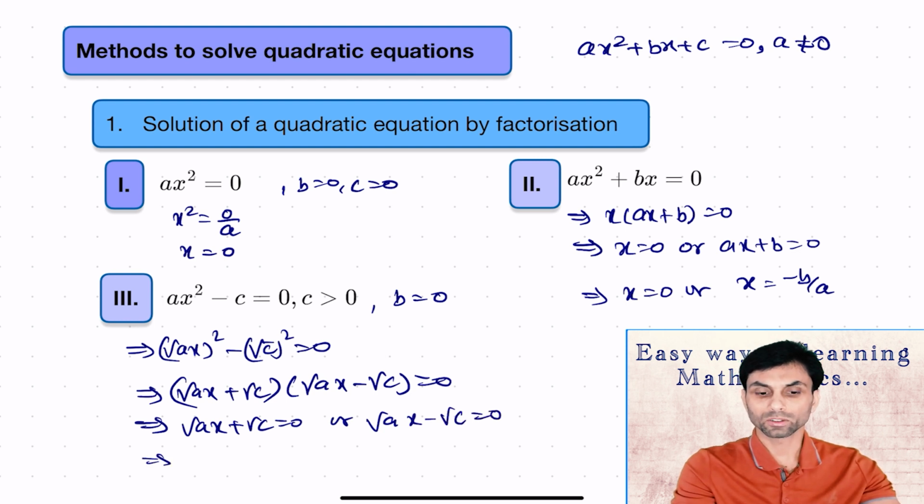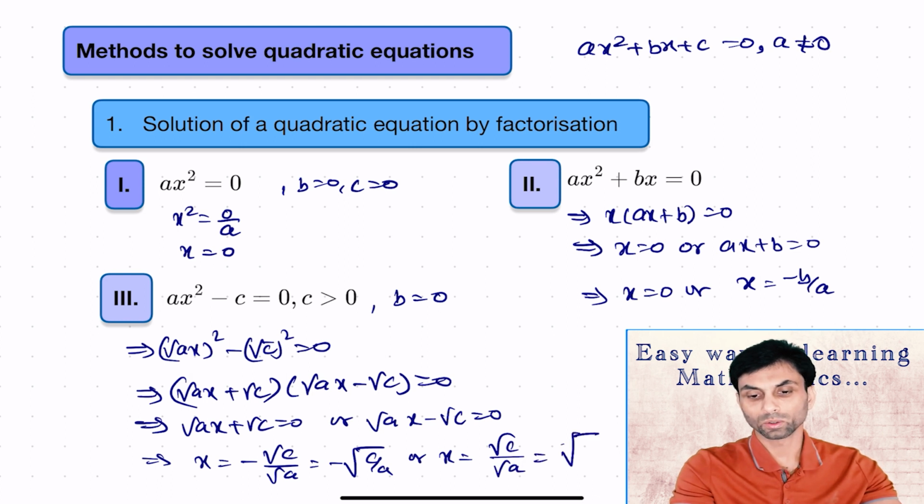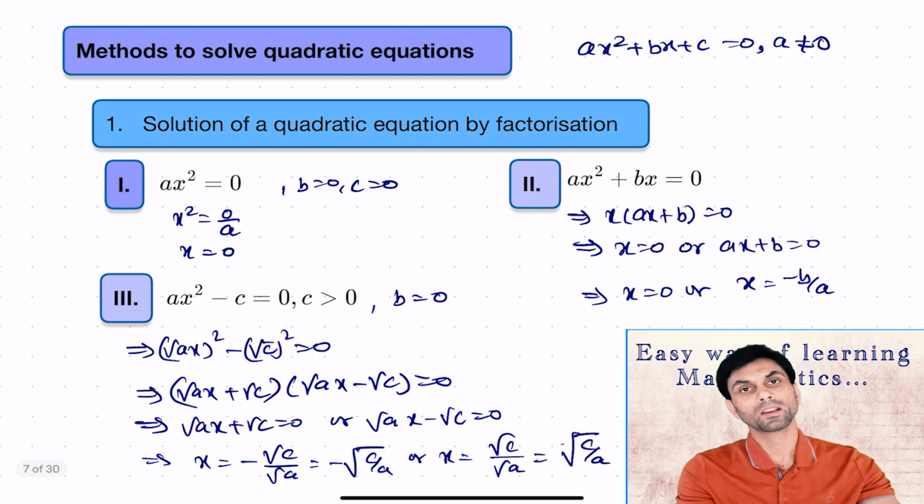So from here, on solving, we'll get x equals minus root c upon root a, which will be negative of root c upon a, or we'll get the value of x as root c upon root a, which we can write as root c upon a. So we'll get two values of x. One will be negative root c upon a and the other will be positive root c upon a.